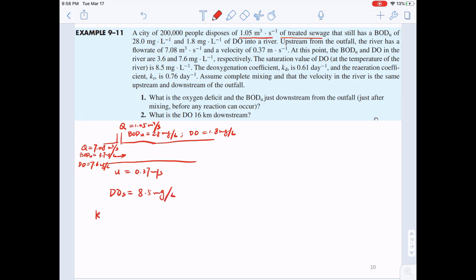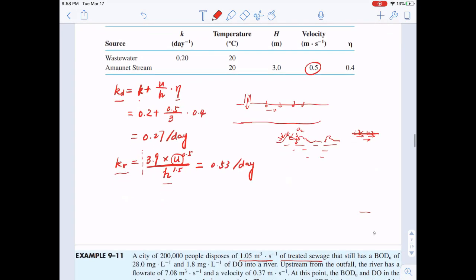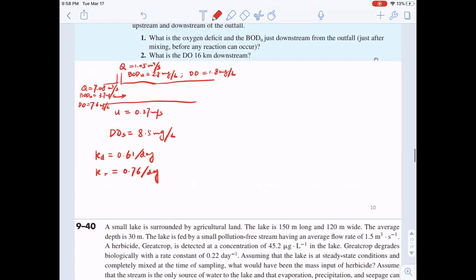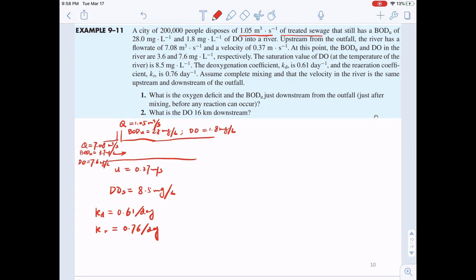It provides us with the deoxygenation rate, which is 0.61 per day, and the reaeration rate, 0.76 per day. Okay, so as you can see, we don't need to use these two equations to calculate the deoxygenation or reaeration rate.